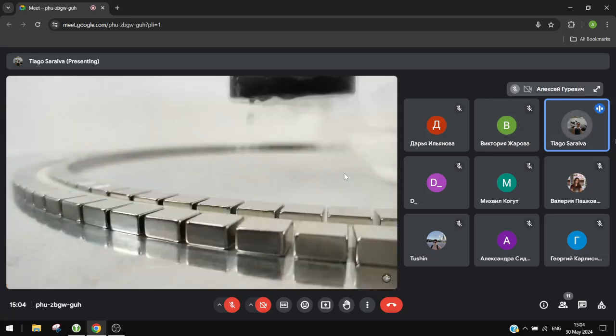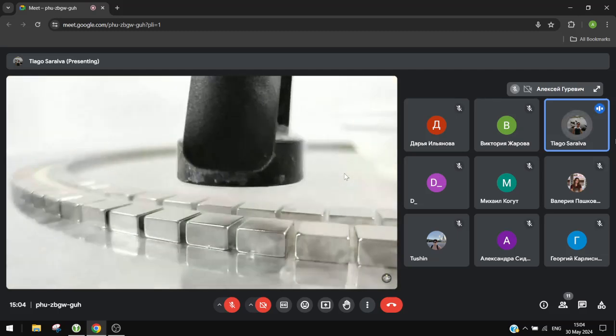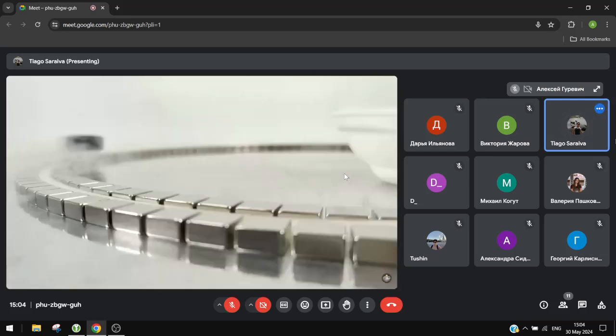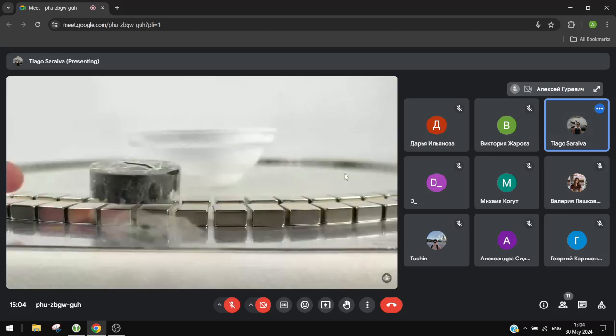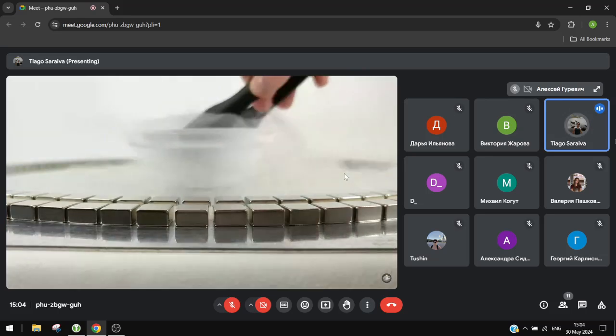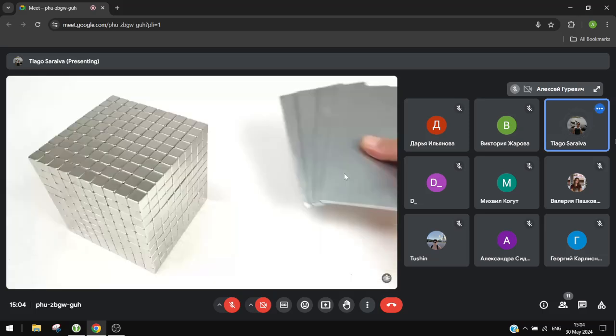And as long as the superconductor is cold, it stays there fine. It's very stable, until it warms up and falls. Then you have to put it back in liquid nitrogen. I did this experiment myself. It's very nice.